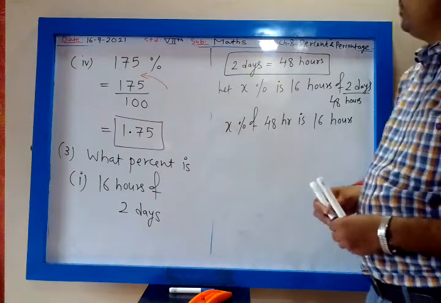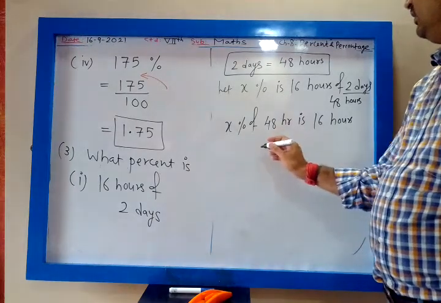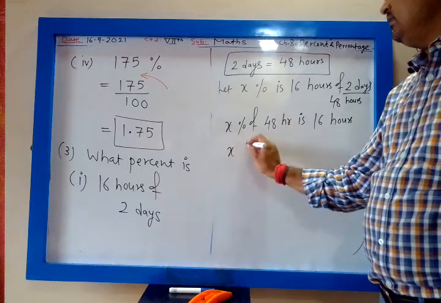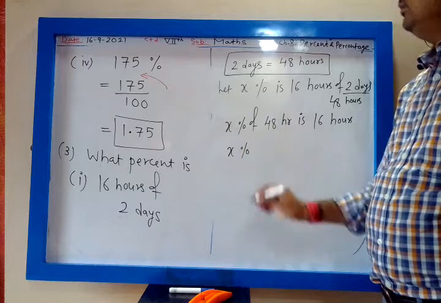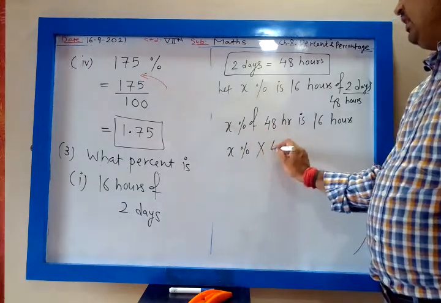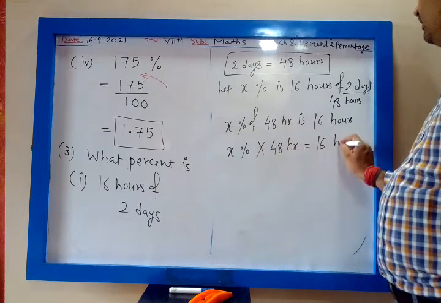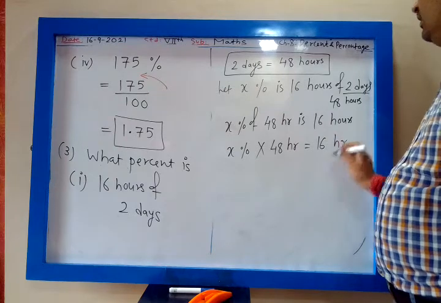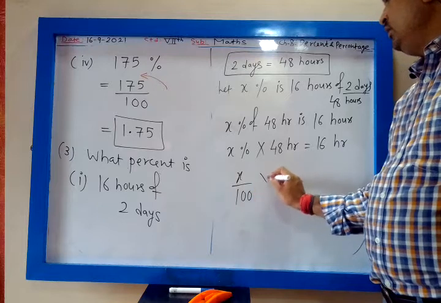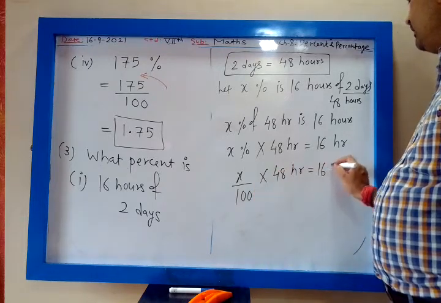Now simplify. X percent means x percent. Of means multiplication, 48 hours. Is means equal to 16 hours. What do you mean by x percent? X upon 100 into 48 hours is equal to 16 hours.